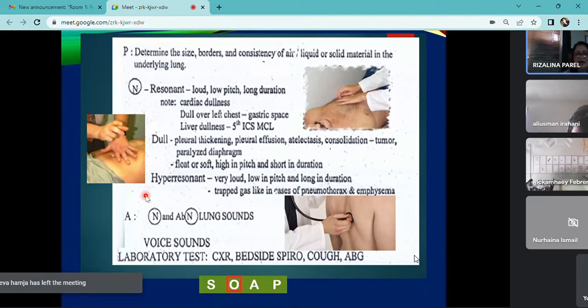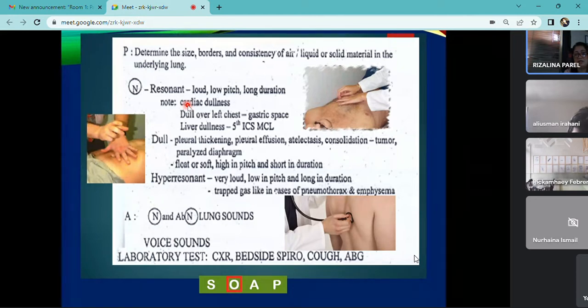Now, the normal percussion finding in the chest area, lung area, is what we call as resonant sound. So the resonant sound is loud, low pitch, long duration. But take note na hindi resonant sa cardiac area dahil siya ay may muscle tissue doon.